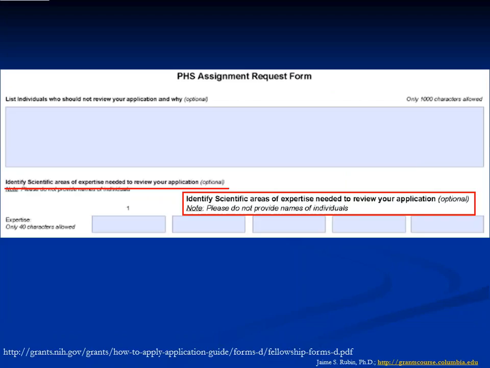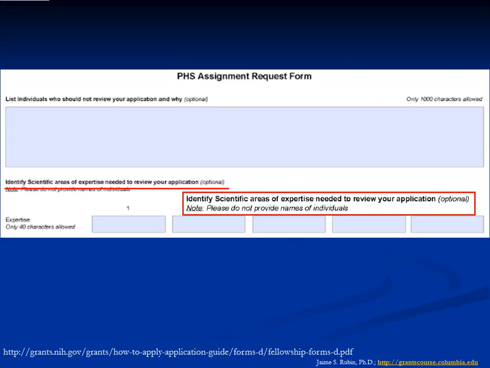The second page of the form even includes an area to identify specific areas of expertise. Well, the study sections are large. They can have members, as you can see, of maybe 24 individuals, so they have a wide range of expertise.